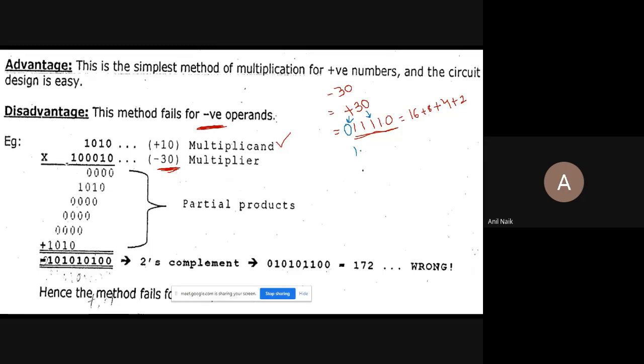The 1's complement is this, then add 1, and we get 0, 1, 1, 0.